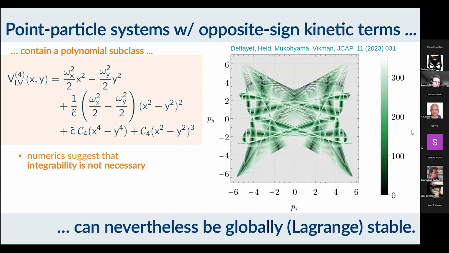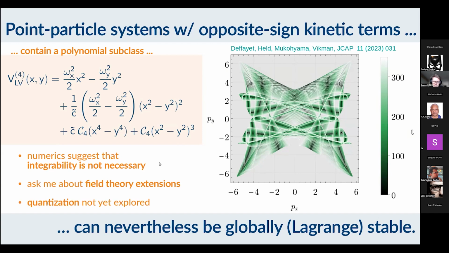One is the big question whether integrability here is important. And I think the work that I'm citing here starts to suggest that it's not necessary, at least for long-lived motion.